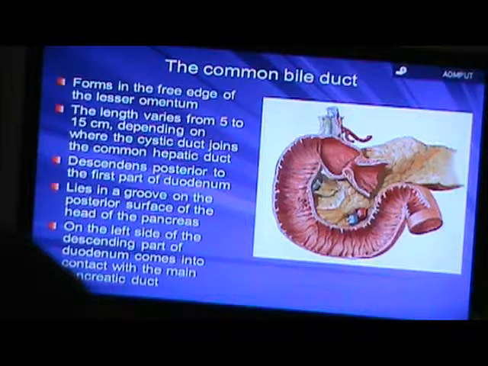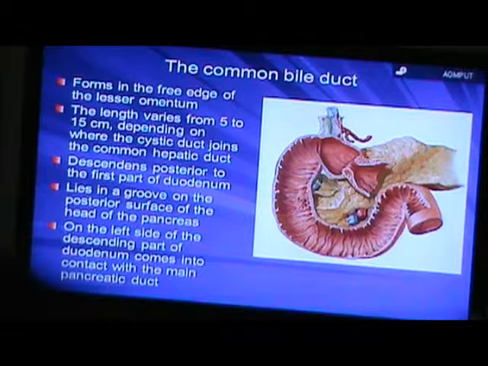The common bile duct descends posterior to the first part of the duodenum, lies in a groove on the posterior surface of the head of the pancreas, and on the left side of the descending part of the duodenum comes into contact with the main pancreatic duct.